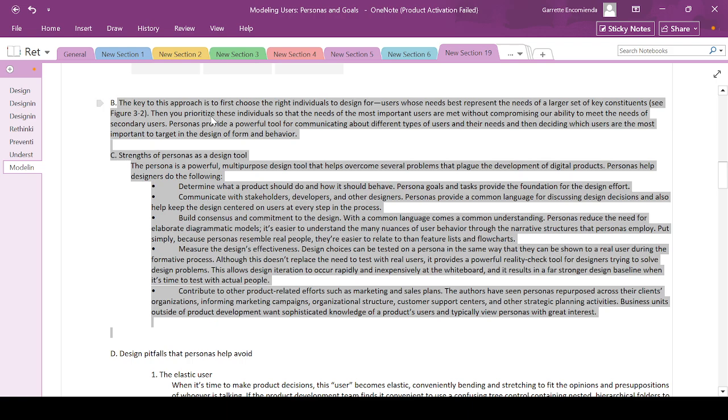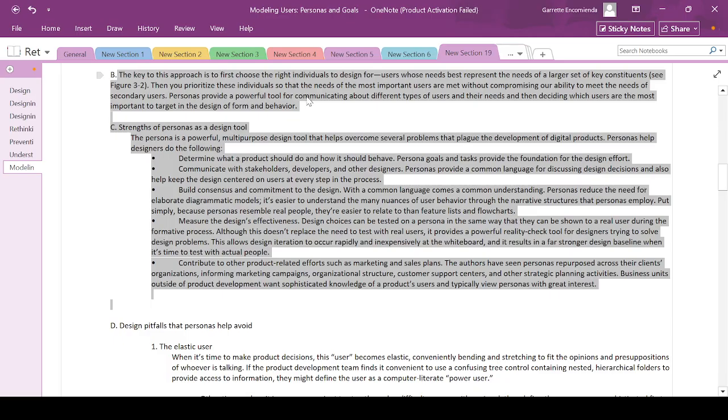So the key to this approach is to first choose the right individuals to design for. Users whose needs best represent the needs of a larger set of key constituents. Then you prioritize these individuals so that the needs of the most important users are met without compromising our ability to meet the needs of other secondary users.